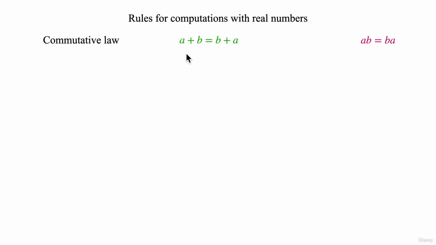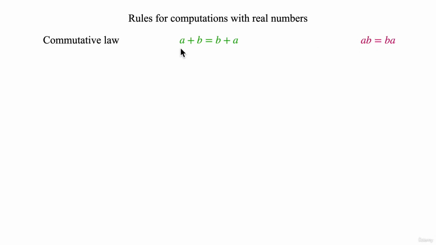And for both addition and multiplication, you have the so-called commutative law. This law tells you that addition and multiplication are not dependent on the order of the terms or factors. Numbers in addition are called terms, and when you multiply numbers, you call them factors.